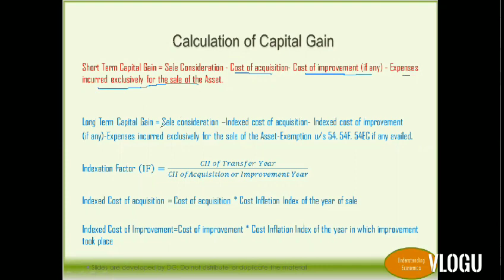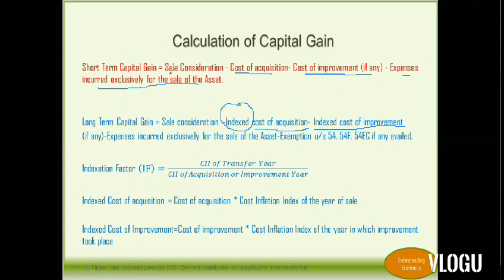Now for the long-term capital gain, from the sale consideration, which is nothing but the value at which the individual sells the property, we deduct the value of cost of acquisition. But remember, here we consider the indexed cost of acquisition, and also the indexed cost of improvement, unlike the case when we considered the short-term capital gain.